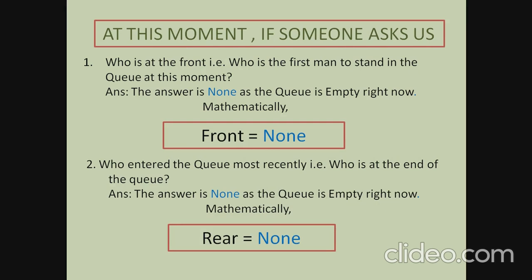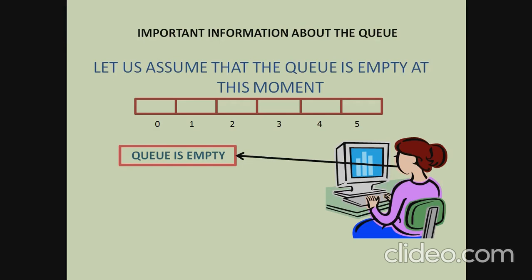So when none are in the queue, front should be None and rear should also be equal to None.